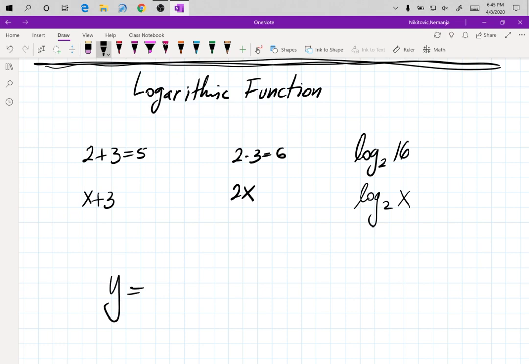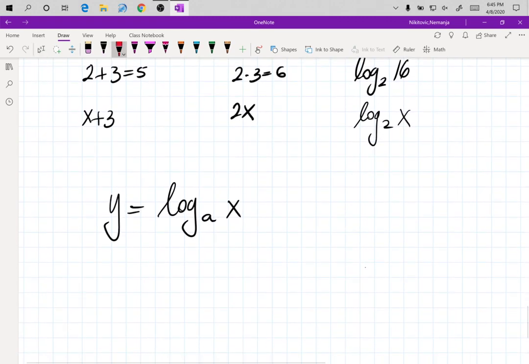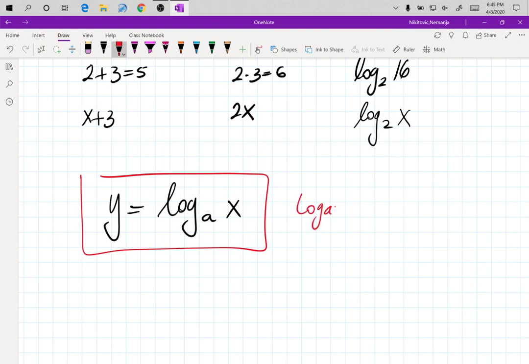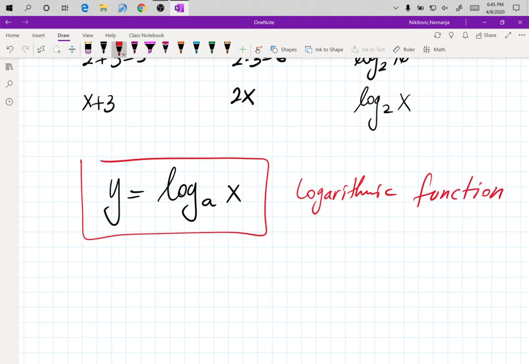So y equals log base a of x. So this is called logarithmic function.